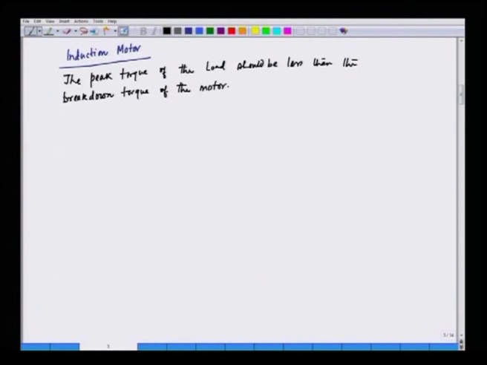Now, usually we define lambda prime, which is equal to T peak by T rated, and this is approximately 2.5 times for an induction motor.